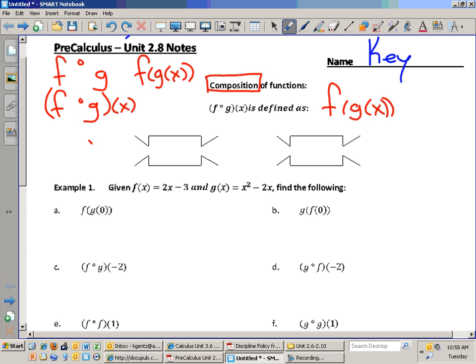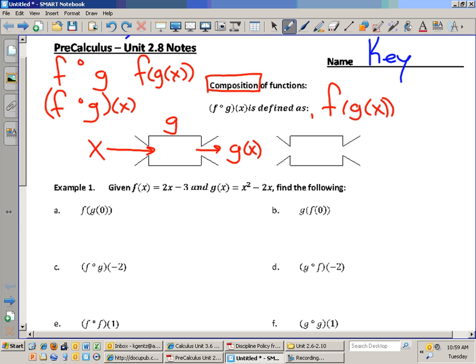If we have an x value within the domain and we plug it into g, something happens to it. g is a rule. Do you know what we get out when we plug x into g? g of x. So out comes g of x. Once we arrive at g of x, do you know where we plug it into then?